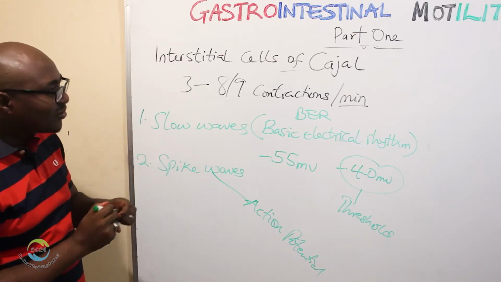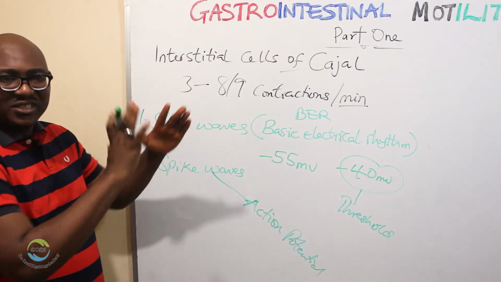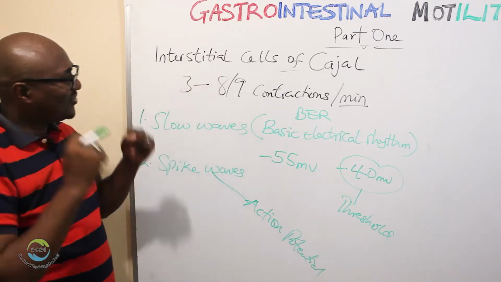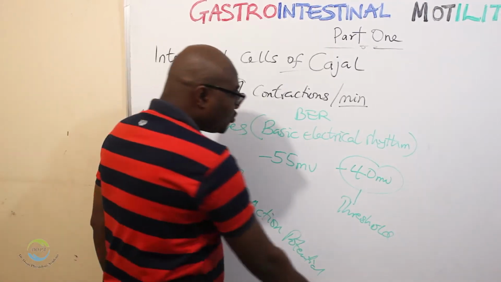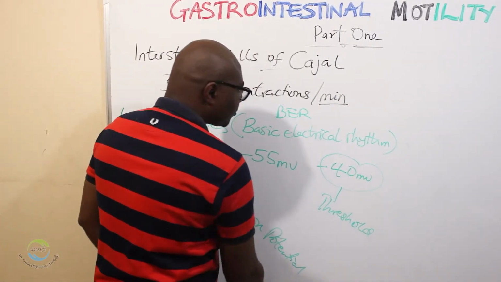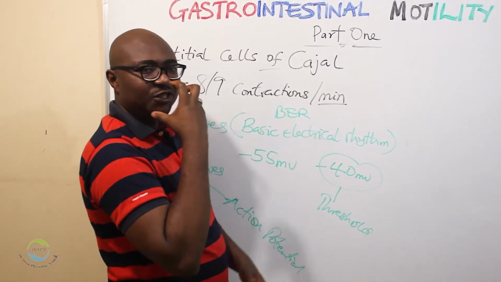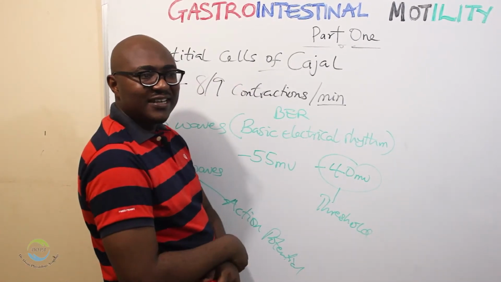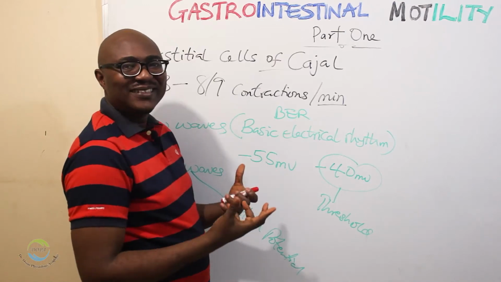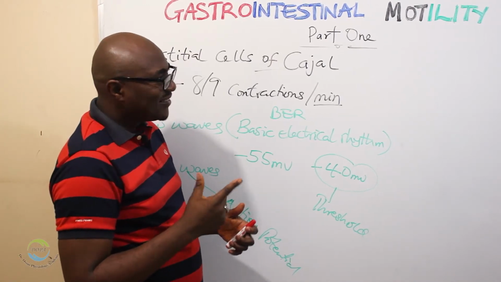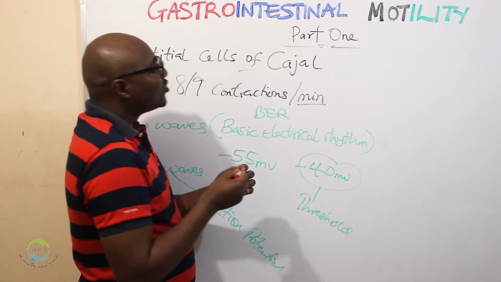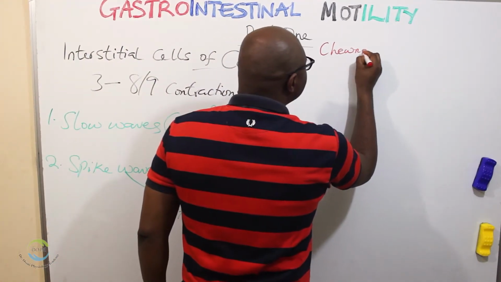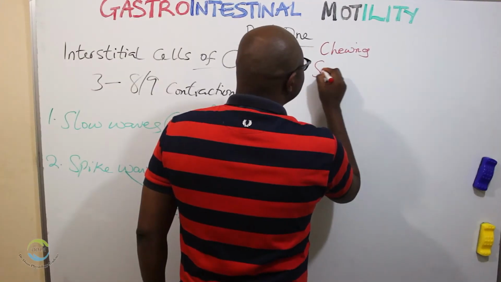Okay? So now let us start from the mouth. Motility in the mouth. Now, there are two things that happen. One of them is chewing. When you put food, the first thing that happens is that you chew the food. What's the next thing that happens after chewing? You swallow. So we're going to be dealing with chewing and swallowing.